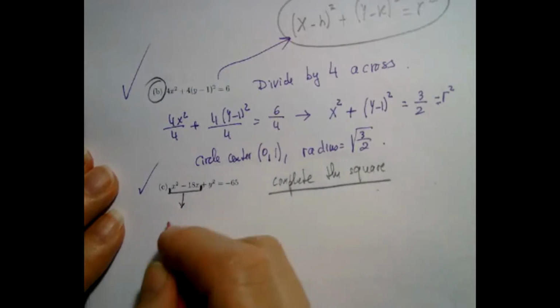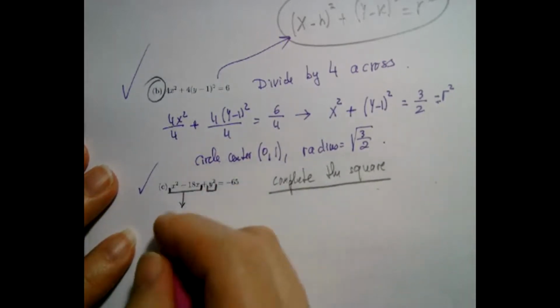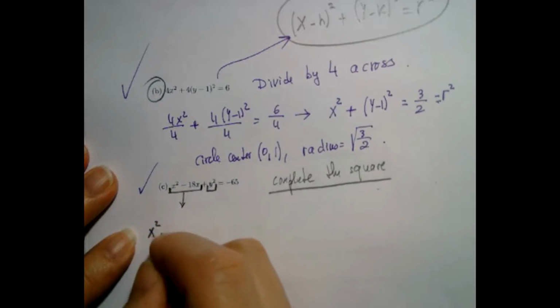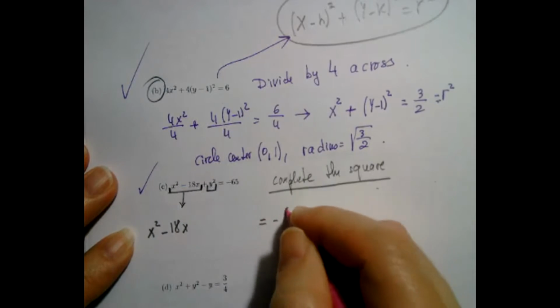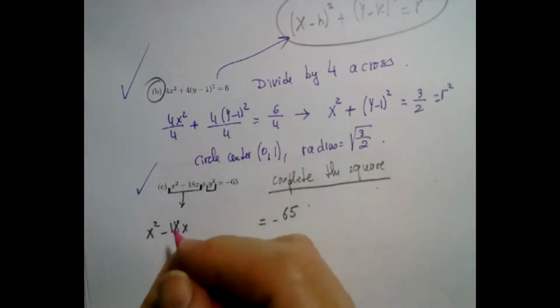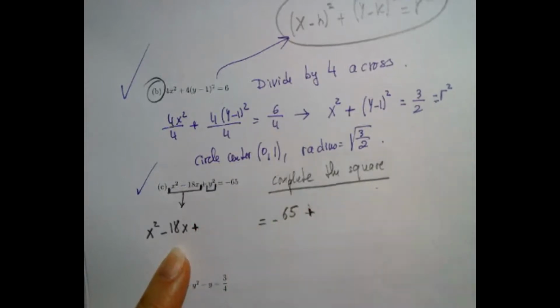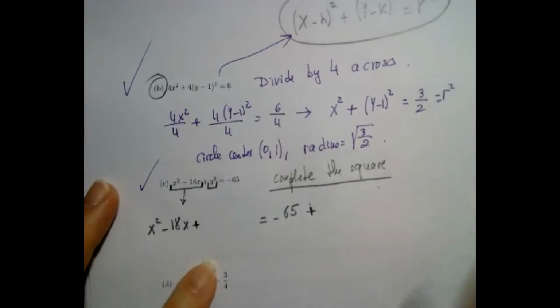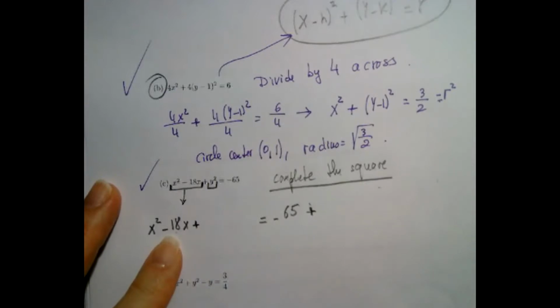So what was the algorithm? I put the x's together and the y's together. To complete the square, what shall I add to this term? Nine, because what x is multiplied by, which is 18, I have to divide by 2, which is 9.